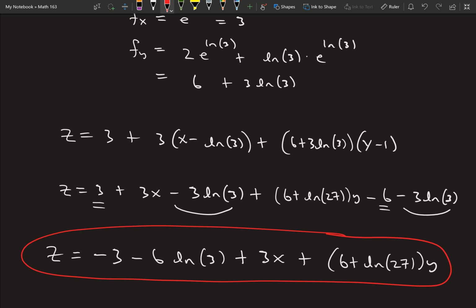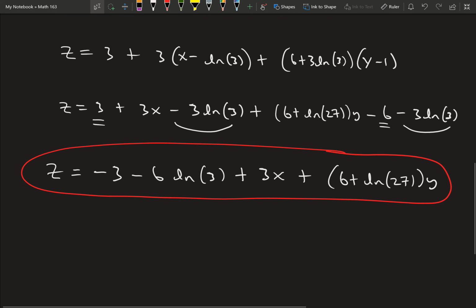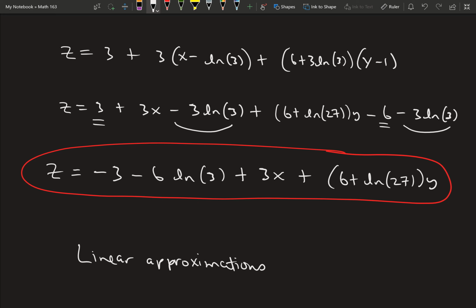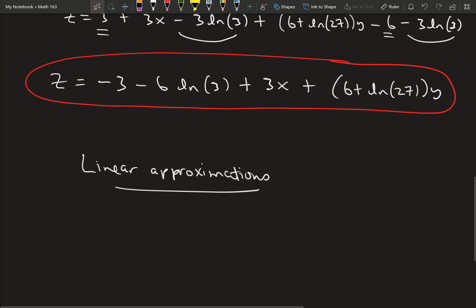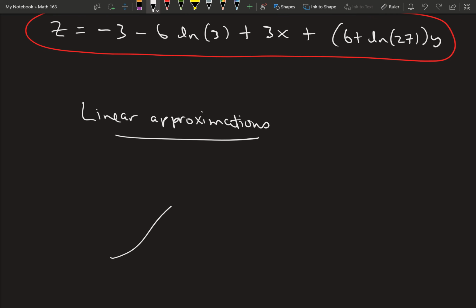Okay, we're going to do just one more type of problem, which is linear approximations. Just like in one variable, recall that if you have some function here and the equation of a tangent line somewhere here, this is some x0, y0.